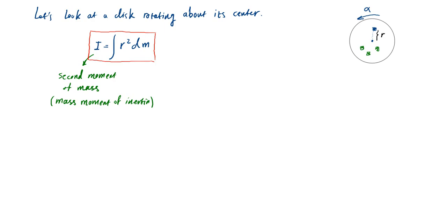However, area moment of inertia is with respect to geometrical area, and mass moment of inertia is with respect to the mass of an object and how it's distributed. We basically take into account the distribution of the mass for an object.